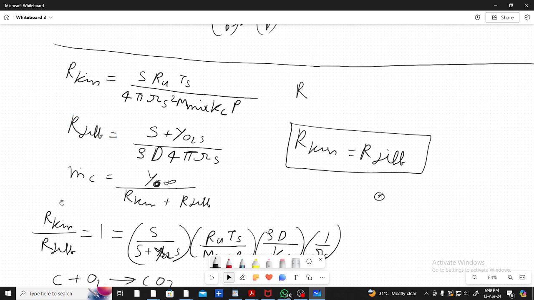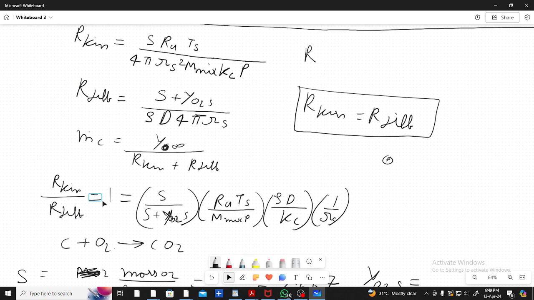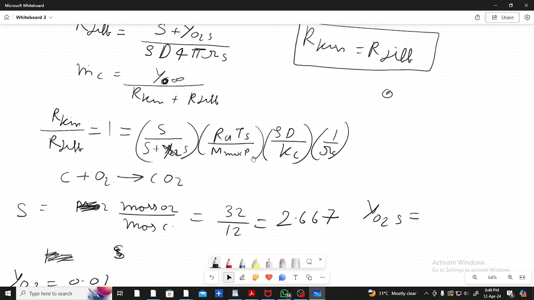So R kinetic upon R diffusion is equal to 1. From here, what is unknown is the surface temperature.